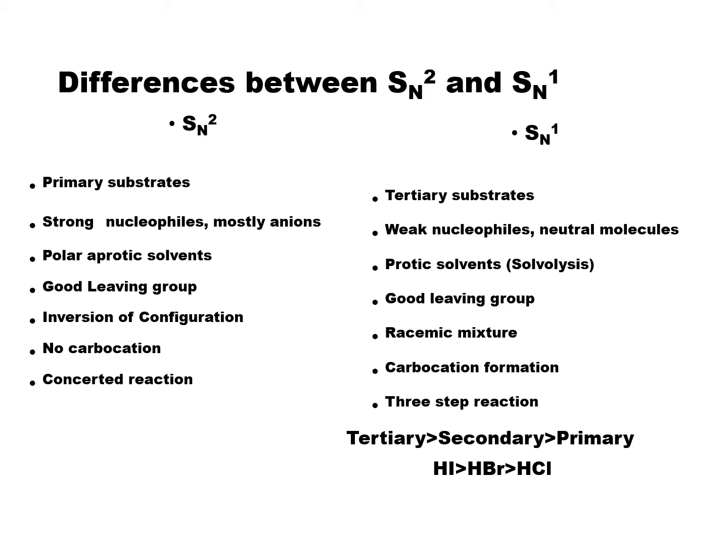If we have so many substituents around a highly substituted carbon atom, then the degree of that carbon atom increases to secondary and tertiary, and it will favor SN1 reaction.